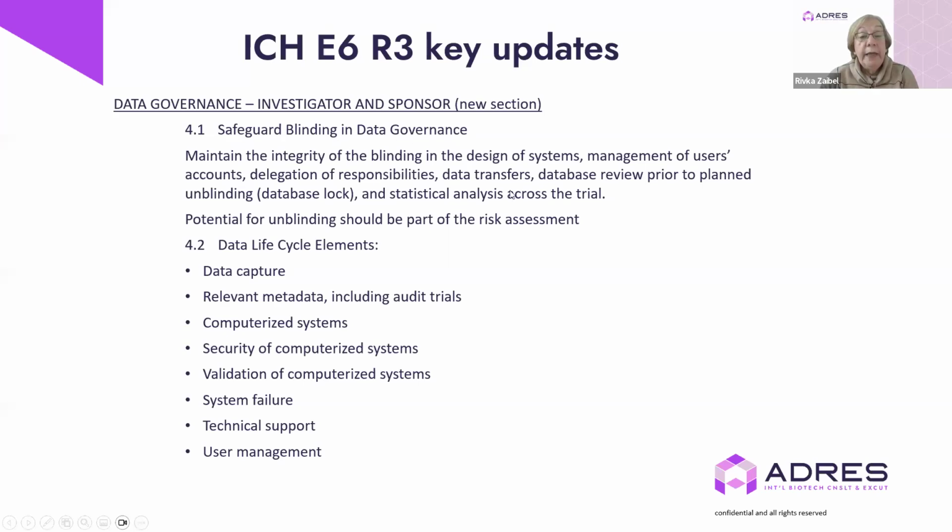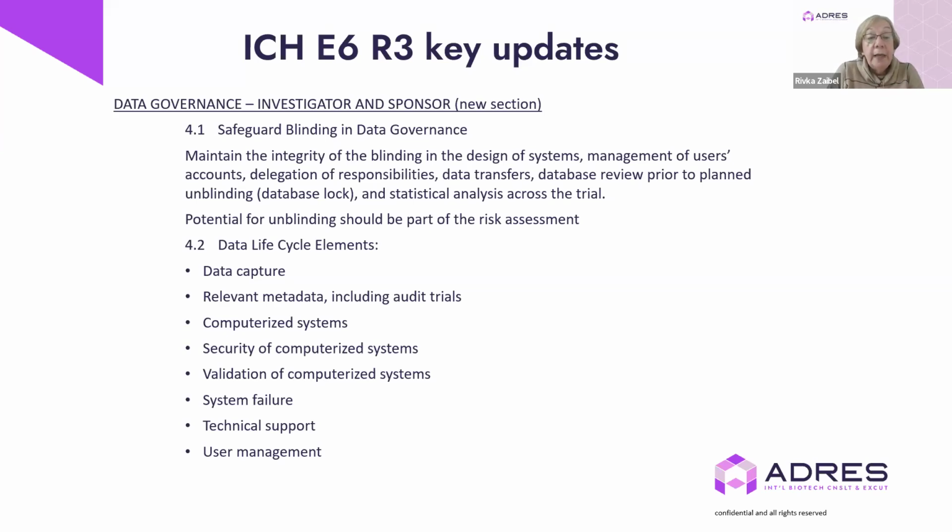Safeguard blinding in data governance: maintain the integrity of the blinding in the design of systems, management of users, accounts, delegation of responsibilities, data transfer, database review prior to planned unblinding, database lock, and statistical analysis across the trial. Potential for unblinding should be part of the risk assessment.